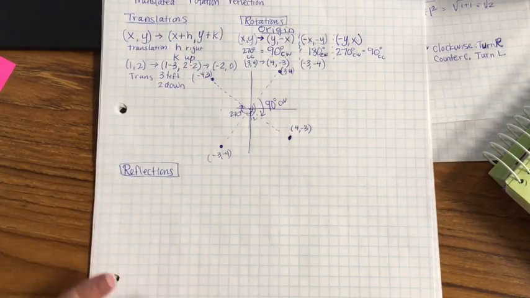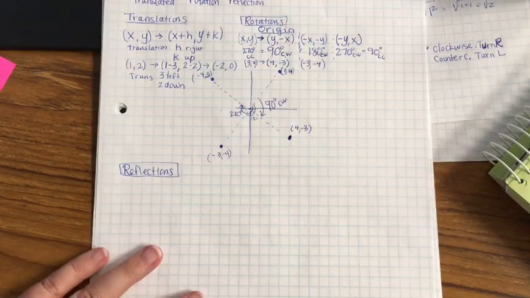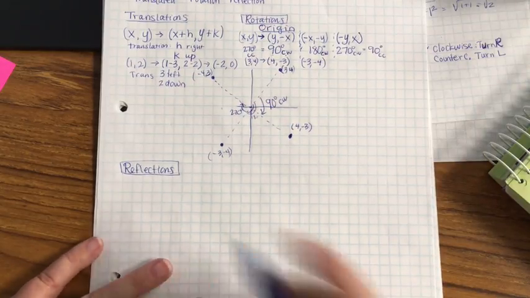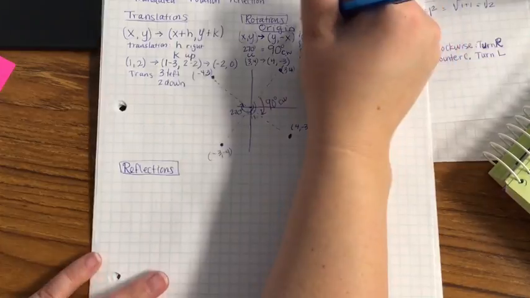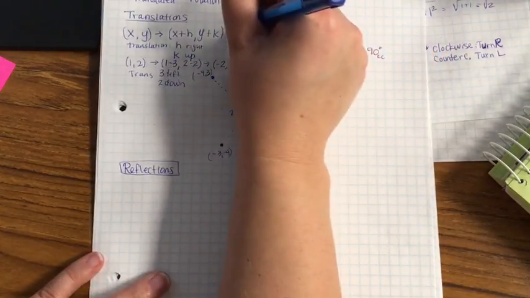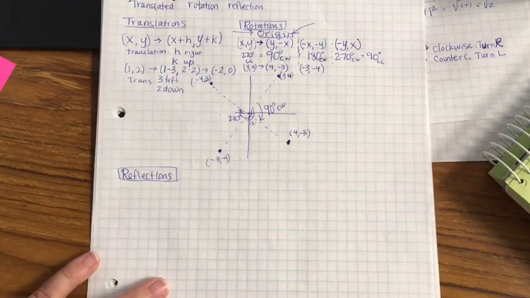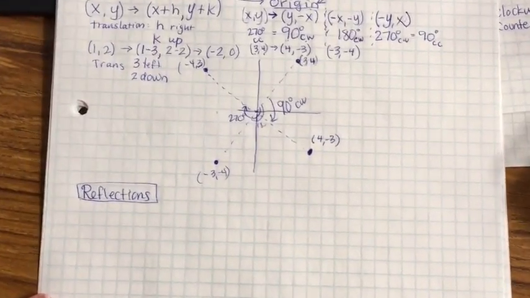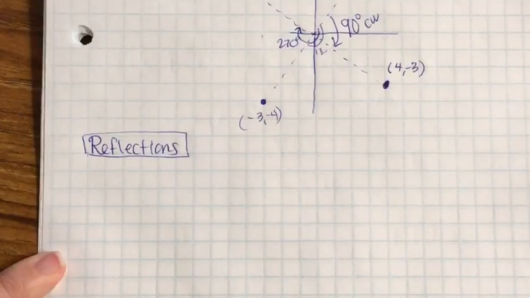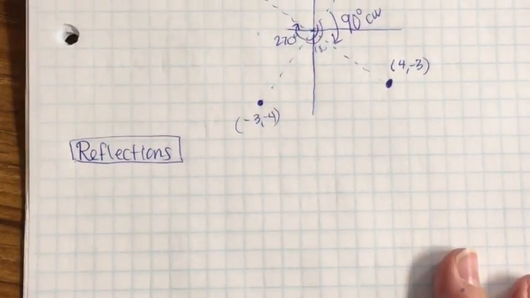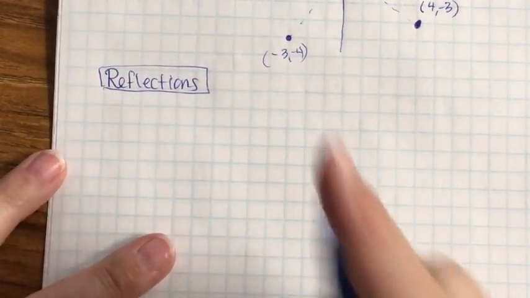There are reflections that you can do across other lines, but these are just some general ones. So again, these are only if it's at the origin. If you are rotating it about some point that's not the origin, you can't use those. But for reflections, which is what we're working on now, we're going to talk about reflections only across two certain ones.